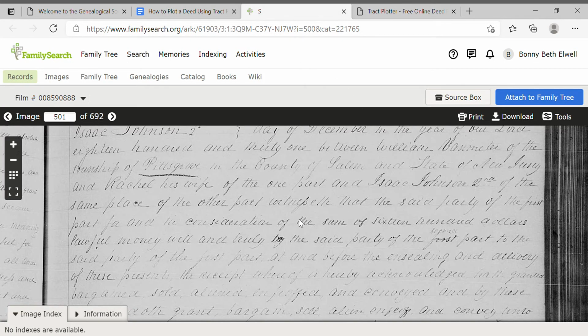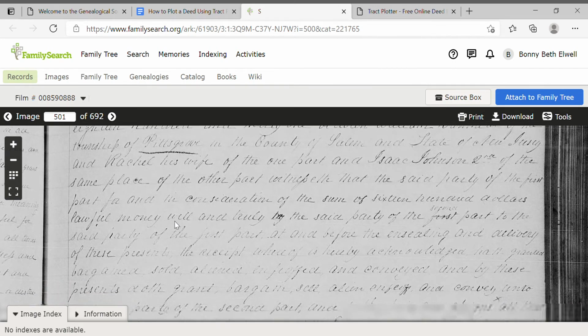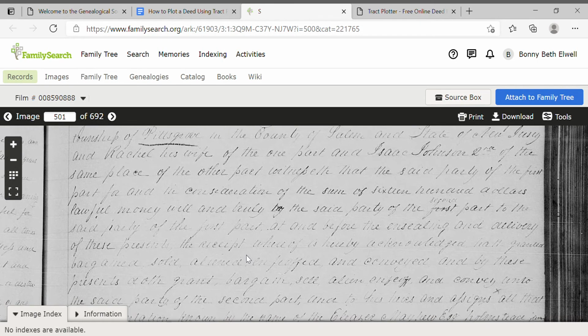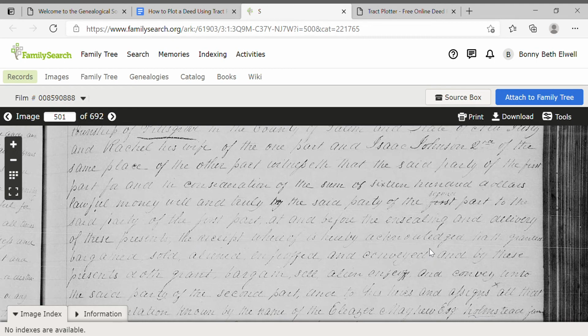What it says next is that "witnesseth that the said party of the first part," that would be William Van Meter and Rachel, his wife, "for and in consideration of the sum of $1,600 lawful money," okay, there's our amount, $1,600, "well and truly paid by the said party of the second part to the said party of the first part, at and before the ensealing and delivery of these presents, the receipt whereof is hereby acknowledged." Okay, so therefore he has in fact paid the $1,600 to the first party.